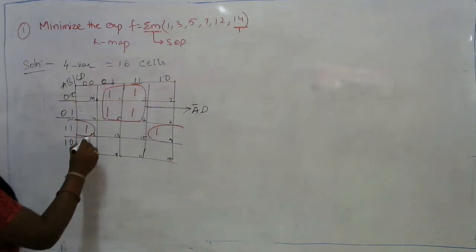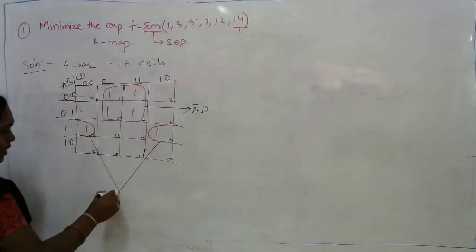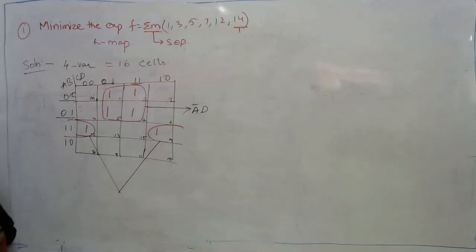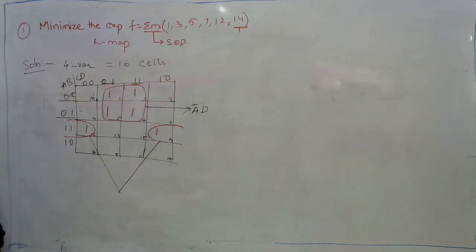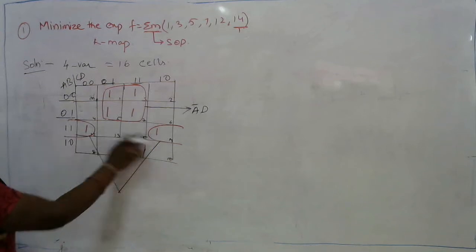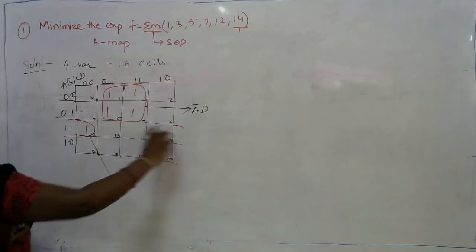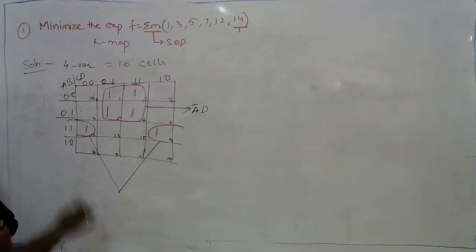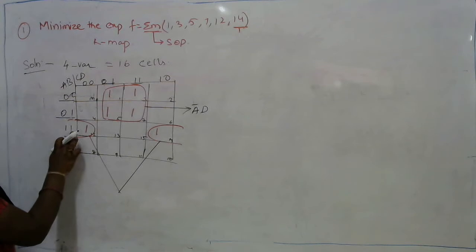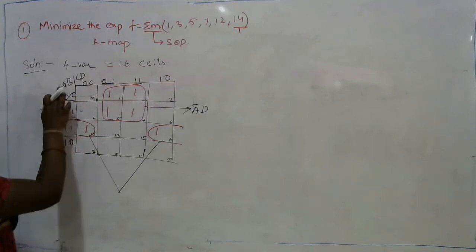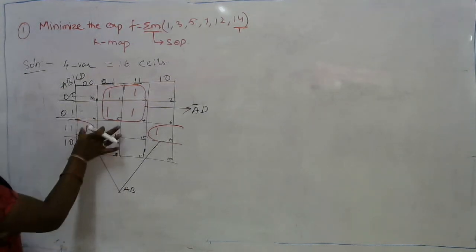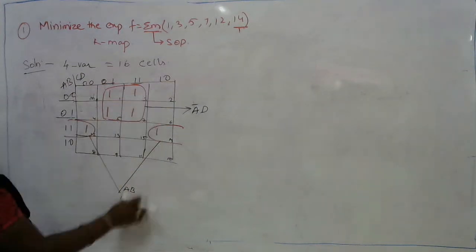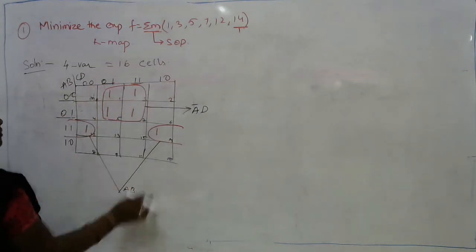Similarly, for this adjacent group, whatever I am drawing is not rough work. This is the actual way how to simplify the given expression. As these two cells are adjacent to each other, these two cells are in the same row. The corresponding row is 1, 1. The variables for this 1, 1 are a and b. So a, b. As these two are present in two different columns, that is the first column followed by the fourth column.